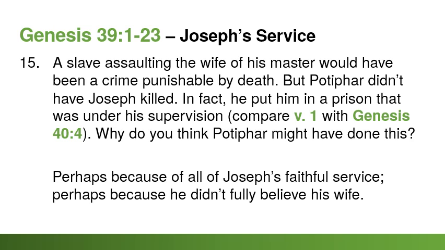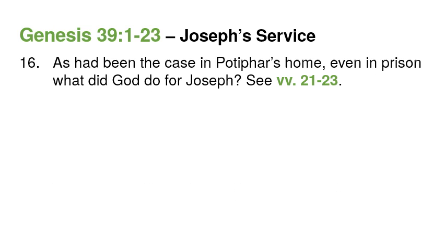Joseph has been so good, so trustworthy, so faithful in all of these things. It just doesn't sound like him. Perhaps this is a false accusation. And so he doesn't execute Joseph. He does put Joseph in prison, but even here we see God watching over Joseph, protecting, preserving his life, not letting him be executed right there and then.